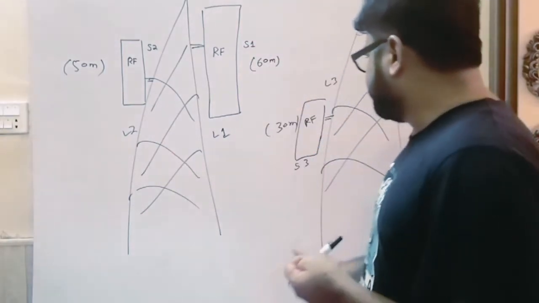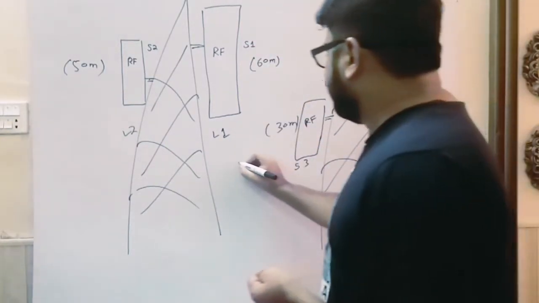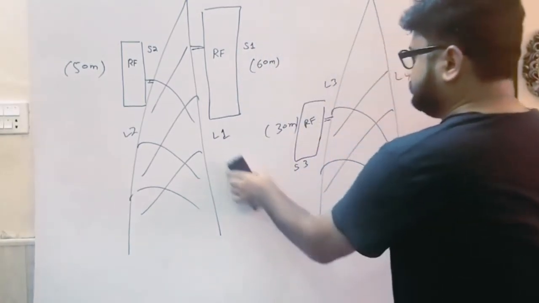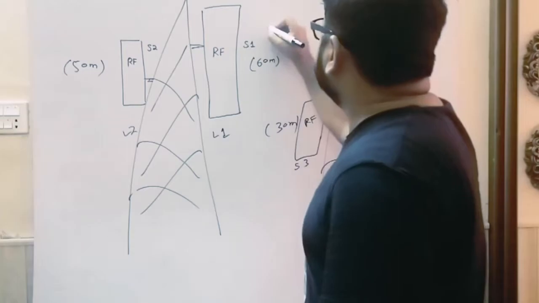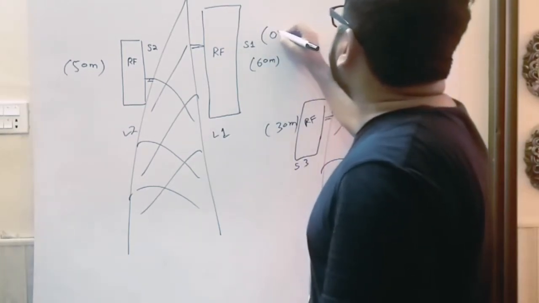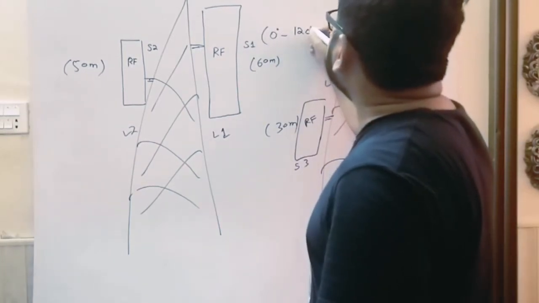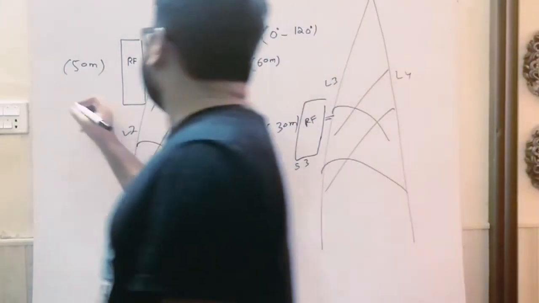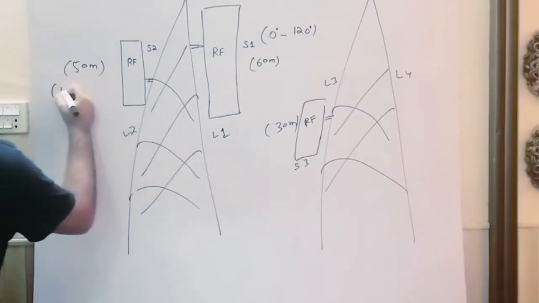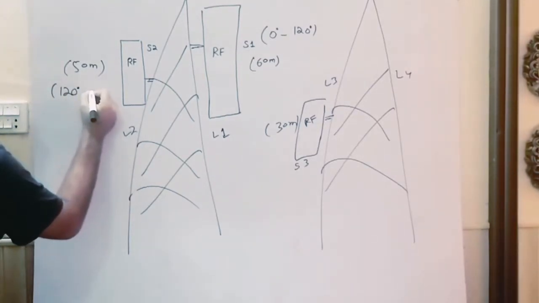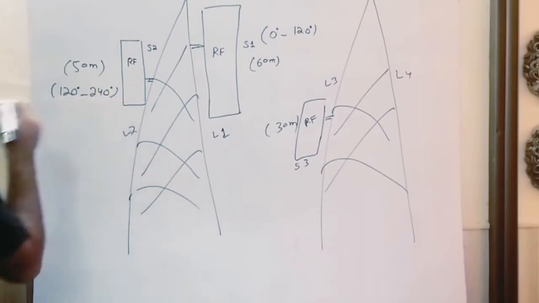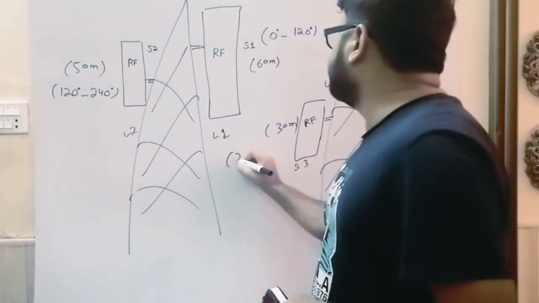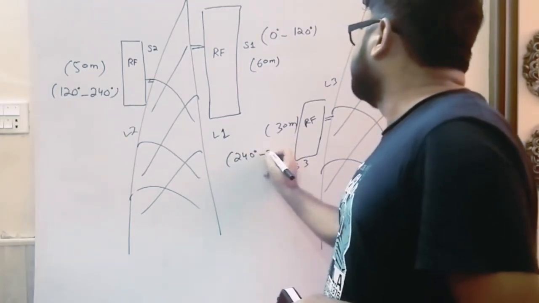So our sector 1 is from 0 degree to 120 degree, and our sector 2 is providing the coverage from 120 degree to 240 degree, and the third one is providing the coverage from 240 degree to 360 degree.